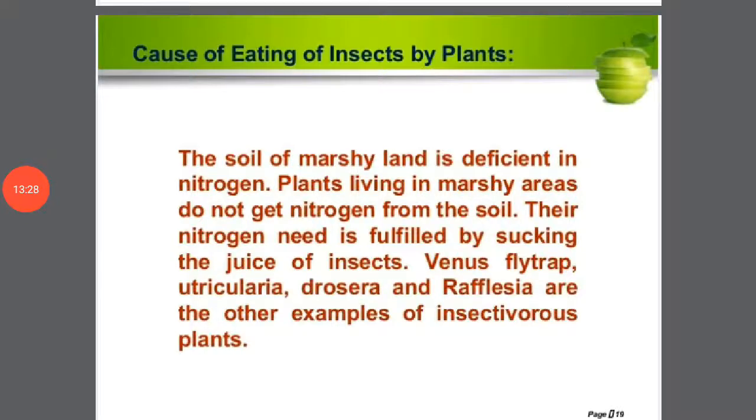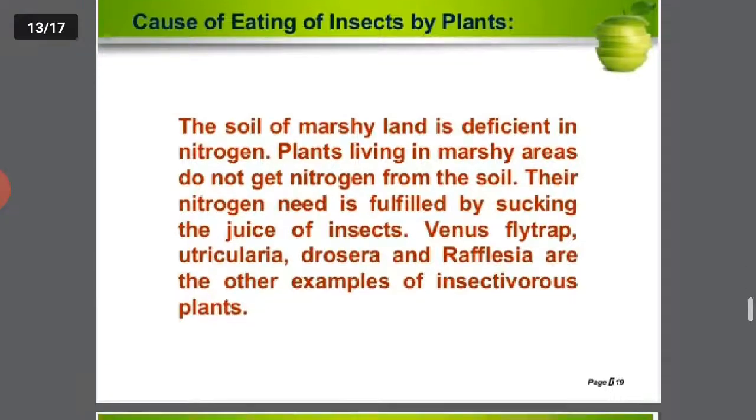Okay, boys, the examples are Venus flytrap, Utricularia, Drosera, Rafflesia. They eat insects for fulfilling their nitrogen requirement.